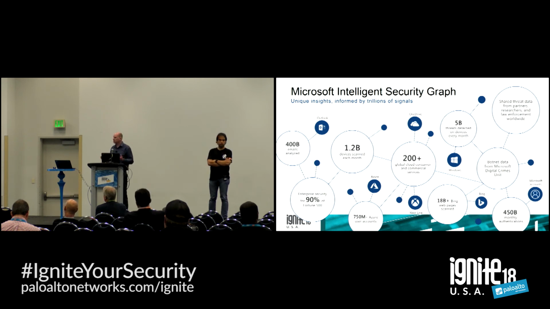And the idea behind it is really that Microsoft has a tremendous aperture of what's happening out there on the internet. We have thousands of enterprise tenants out there with Office 365, millions of users of our consumer services. We've got just tremendous aperture out there. And all of this aperture leads to harvesting a great amount of signal about the bad things that are happening out on the internet today.